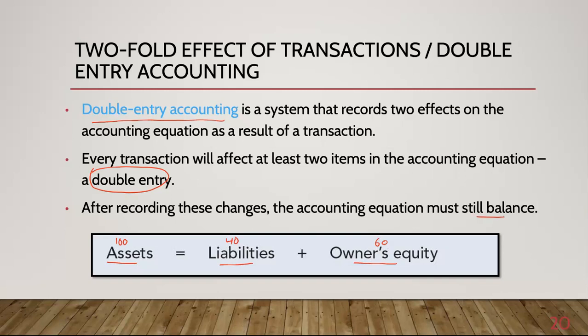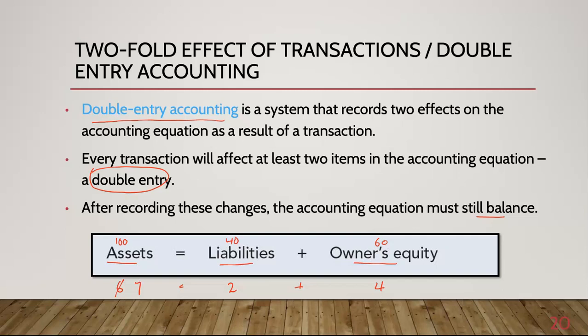And the easiest way to think about it is this example. If I have $6 of assets, I could have $2 of liabilities and be worth $4. Now, if I change just one of these items, for example, if I change my 6 to a 7, I've done just single entry, and it no longer balances. 7 does not equal 2 plus 4.